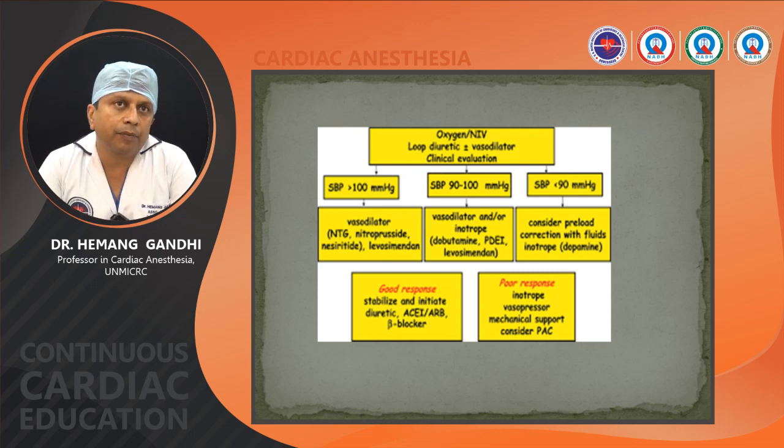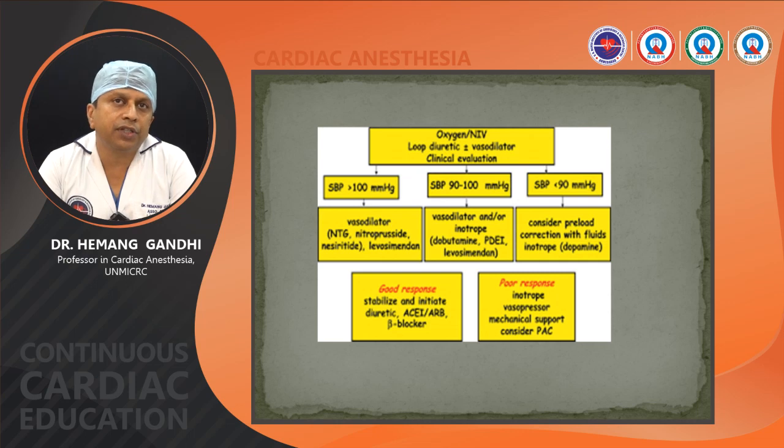If with this the pressures are improving and the systolic blood pressure is staying above 100 mm of mercury, then continue the vasodilator, and one should consider adding levosimendan. If the pressure is remaining between 90 and 100 millimeters of mercury, then with the vasodilator one should consider adding inotropes in the form of dobutamine or milrinone, or also levosimendan.